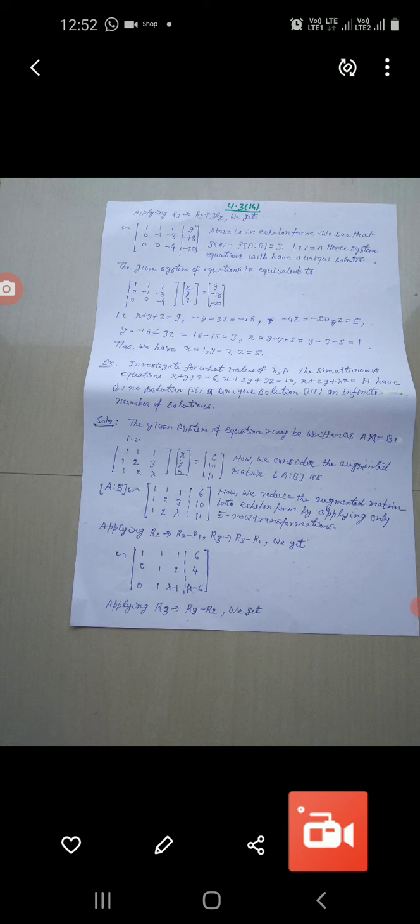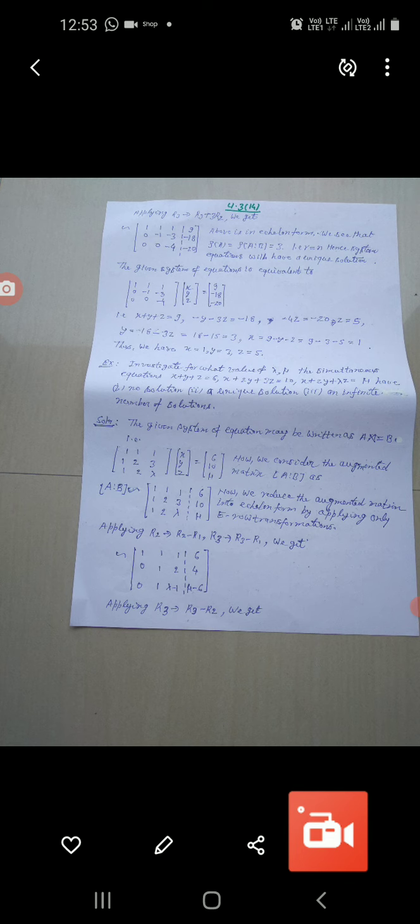Now we write it in equation form. So we get x plus y plus z equal to 9. Similarly minus y minus 3z equal to minus 18, and minus 4z equal to minus 20, that means z equal to 5.